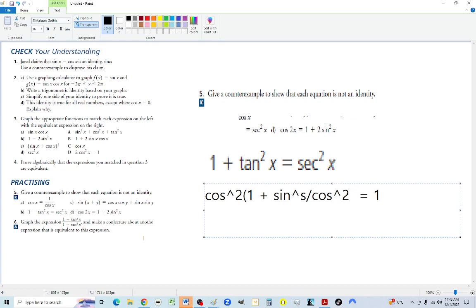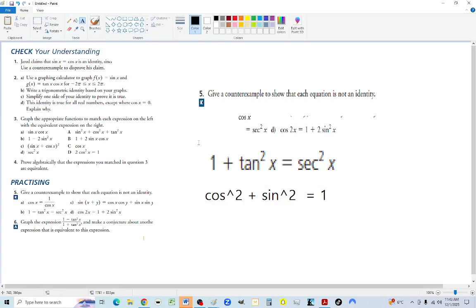And on the left, it becomes cos squared times 1 is cos squared. And cos squared times sine squared over cos squared cancels out, becomes sine squared. And we know from the Pythagorean truths that this is a truth. That's why 1 plus tan squared is equal to secant squared, not 1 minus. So there's those.